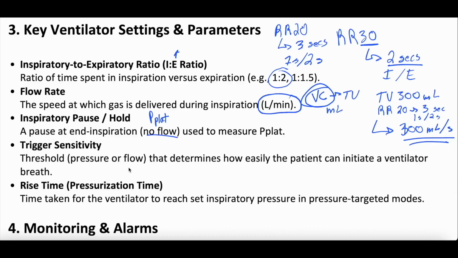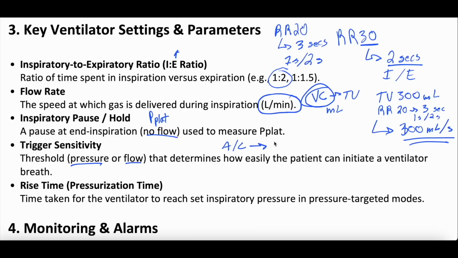Trigger sensitivity. This is something people don't think about all the time, but the ventilator is actually set to be sensitive to a certain degree for when a patient wants to take a breath. The ventilator essentially has a threshold. It can either be a pressure threshold or a flow threshold, because we said most of the time now we're using assist control.